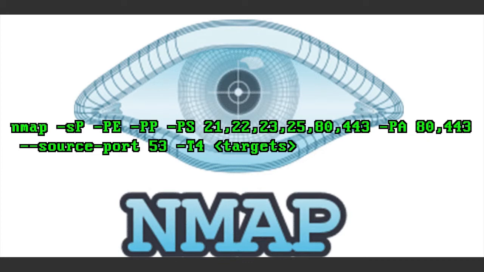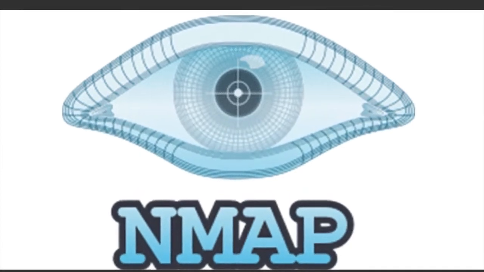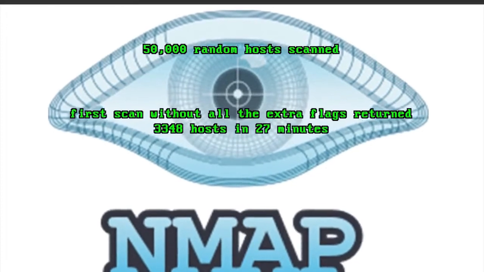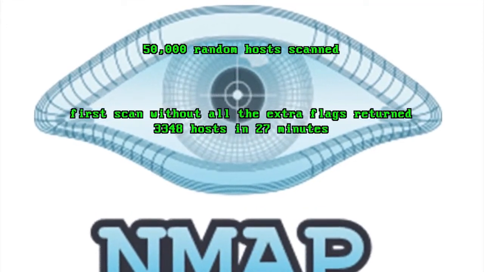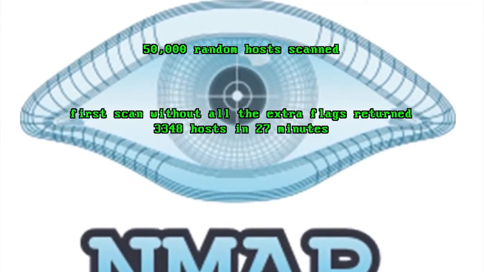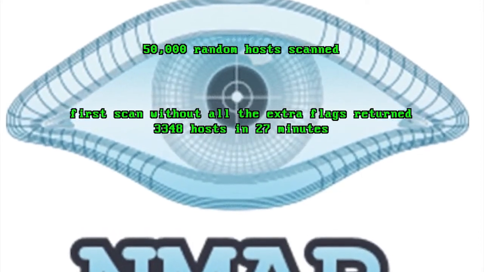The result of running this discovery, especially across multiple hosts, is a far more comprehensive discovery than with just one type of discovery. Fyodor compared a standard discovery probe over 50,000 IP addresses and got a result of 3348 hosts responding as up, and the scan took 27 minutes.